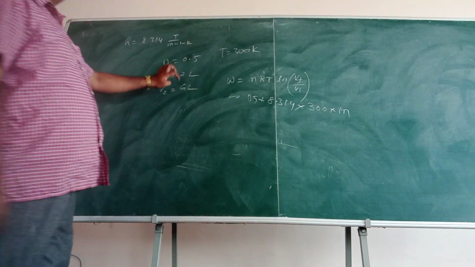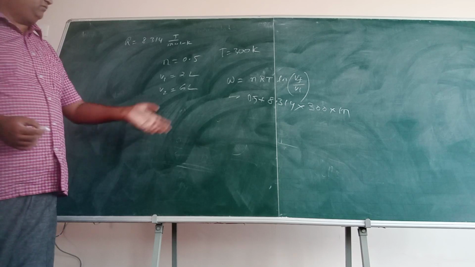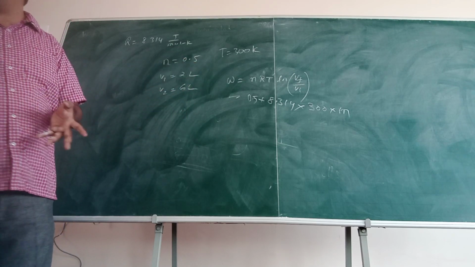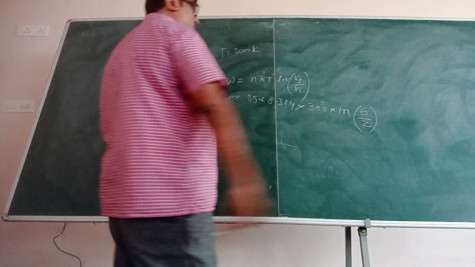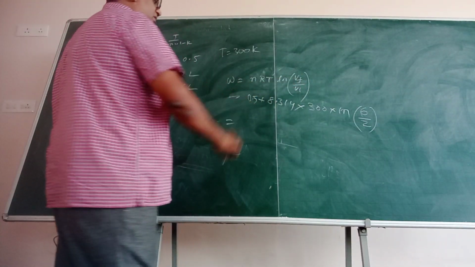See, both are in liters and you are basically taking a ratio. It doesn't matter whether you take both in meter cube or both in liter, because it is a ratio. So you can directly put 6 upon 2. Now you have to calculate this.